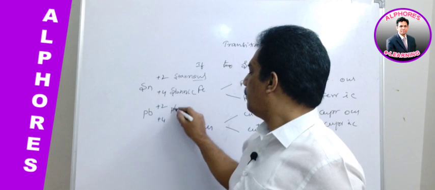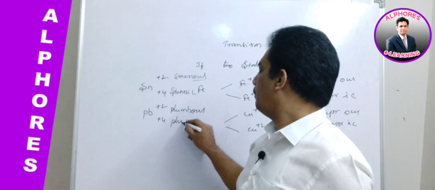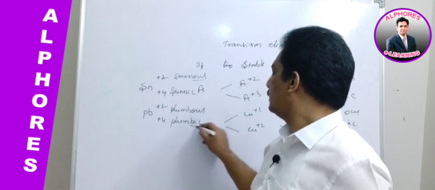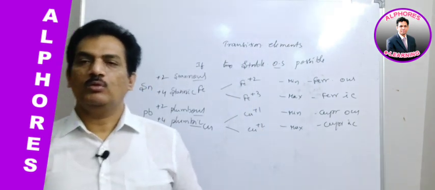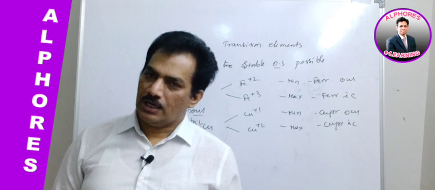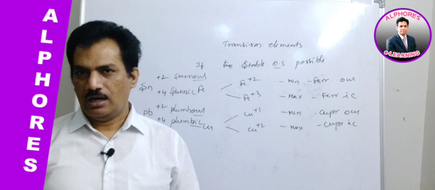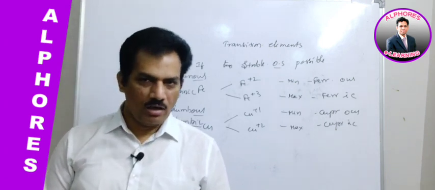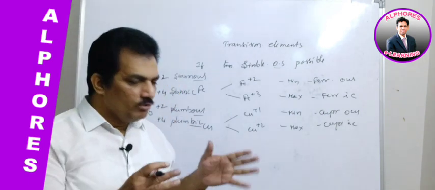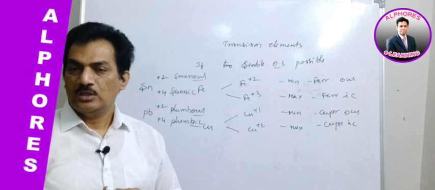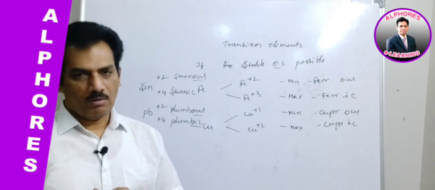And this is plumbous, and it is plumbic. Like that, when the elements are able to exhibit two variable oxidation states, the minimum oxidation state ion name ends with us, and the maximum oxidation state ion name ends with ik. Like that, this is information that should be known to us so as to calculate the remaining elements' oxidation state when they are giving the compounds.